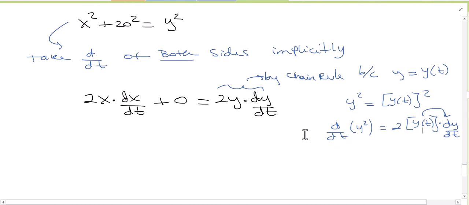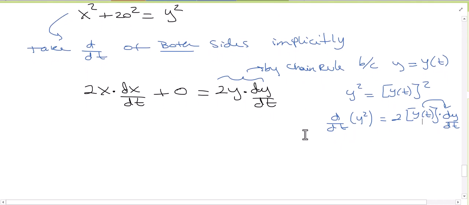All right, so now we can plug in our values because we want to solve for dx/dt when x is 15. So let's see, when x is 15, let's put everything in. What are we going to have? 2 times 15 times dx/dt. That's what we're looking for.